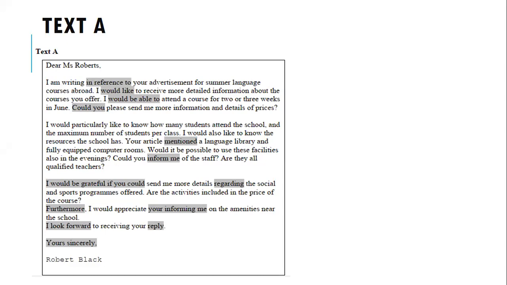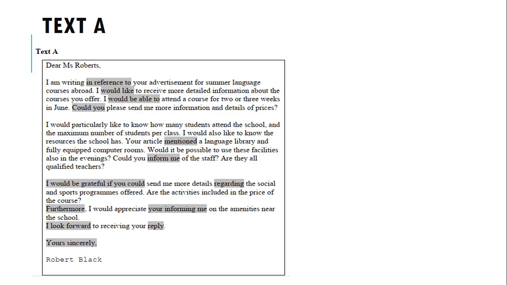Good. So, "your article mentioned" here is the verb, which means the use of simple past tense. So we can conclude that we can use varieties of tenses. It depends on the time, it depends on the activities.